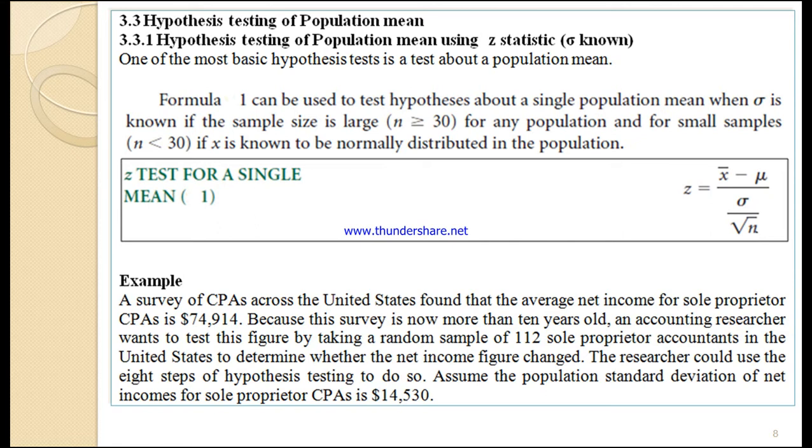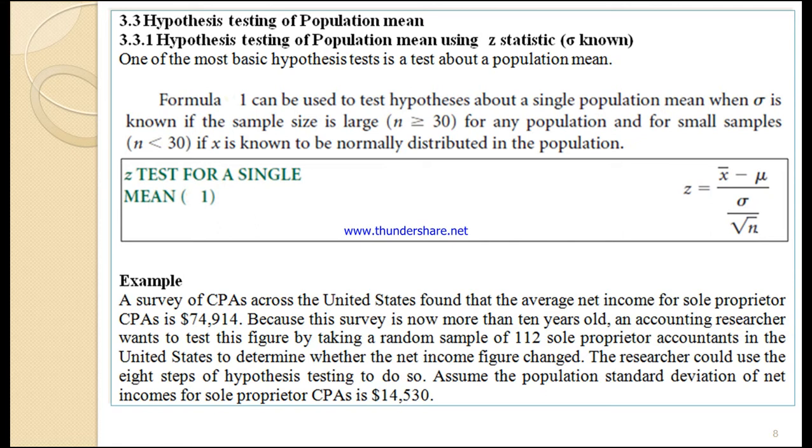When the population standard deviation is known, in order to test a hypothesis about a population mean, we use a normal distribution or Z statistic. And testing a hypothesis of a population mean is one of the most common hypothesis tests in business phenomena.